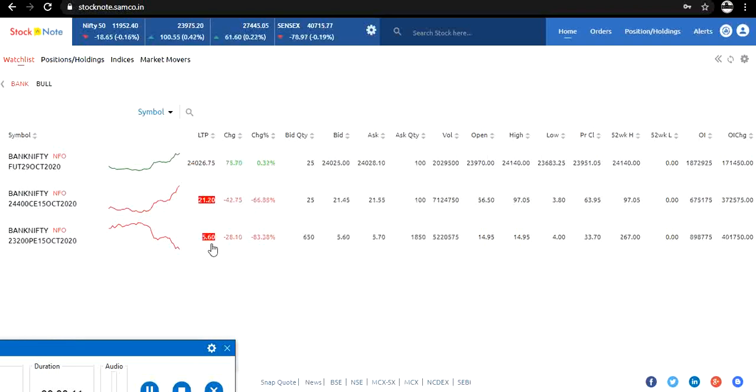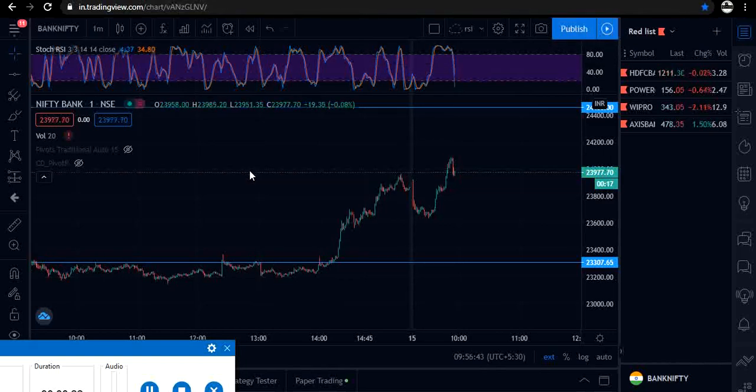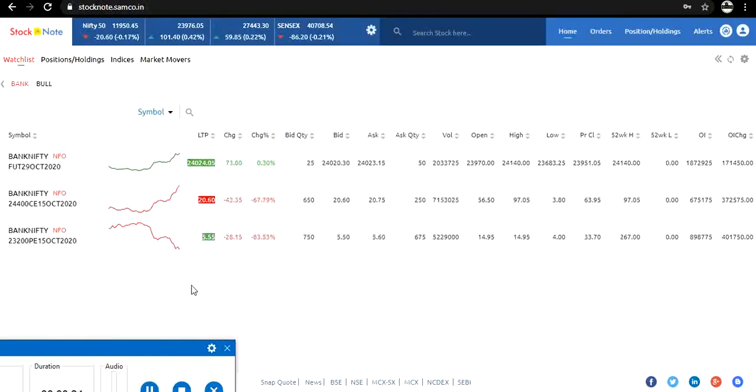Let us see, it is 5.60, so we will wait for our order to get executed. It is here trading with 5.45. Let's see if it is coming downside. Yes, let's see, it can hit 6 anytime. So we will wait for 6, the point at which we want to sell it.